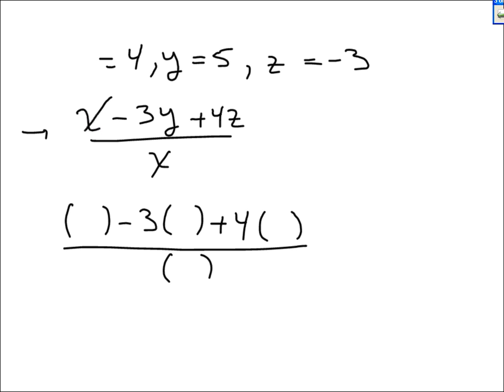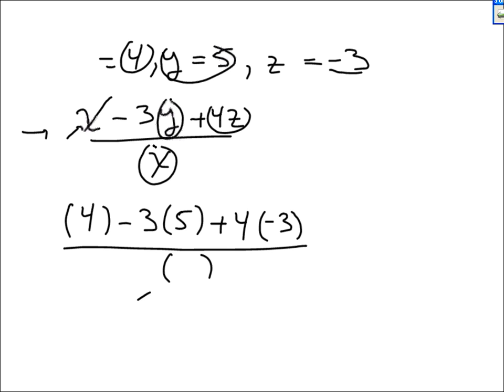Anytime I see a letter, I put brackets. X is 4. I see x first, so x is 4. 3y. Y is given to be 5, so there's my 3y. Plus 4z. Z is negative 3. And I'm dividing by x, and x is 4.